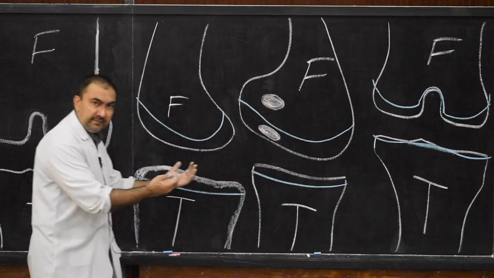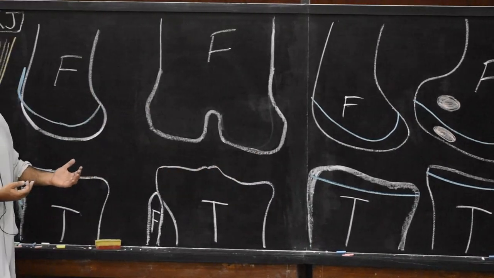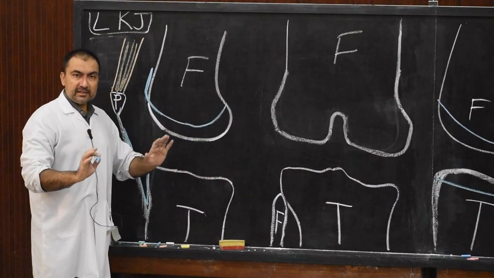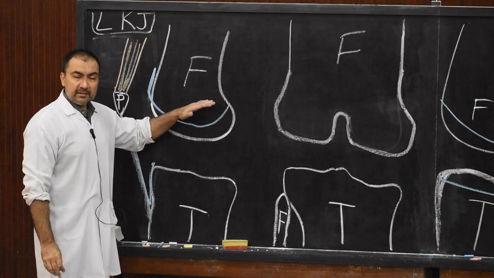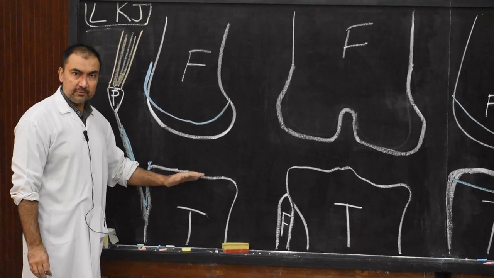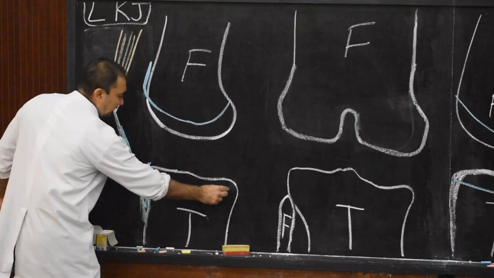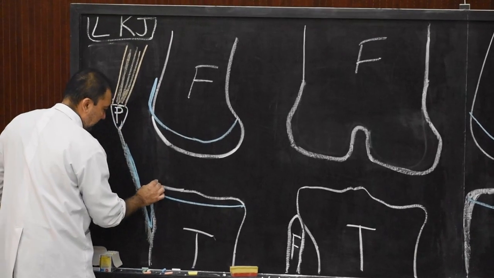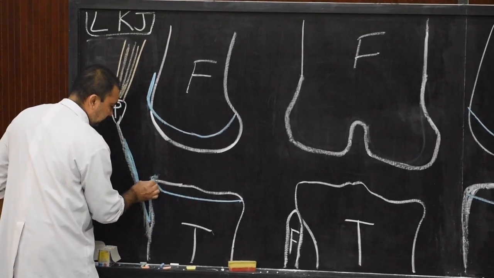Now, when we come on this side, please come on this side. As we have understood the capsular attachment in the upper part around the femur, in the lower part around the tibia, we have understood. The same capsule here, I will show that it is attached in this way. So, this is how the capsule is attached.